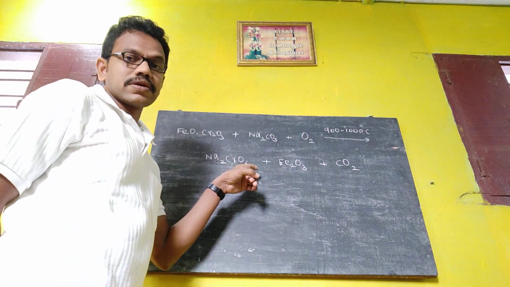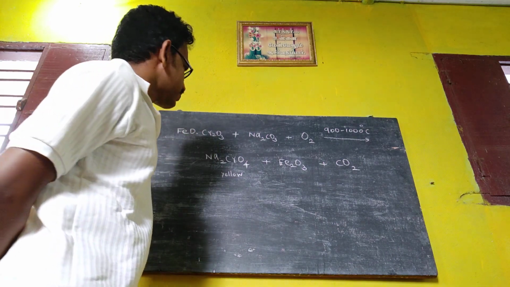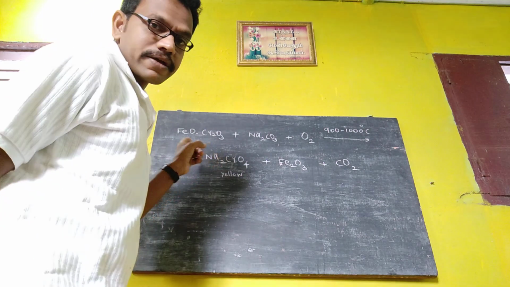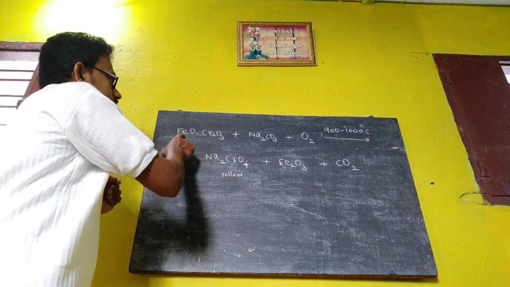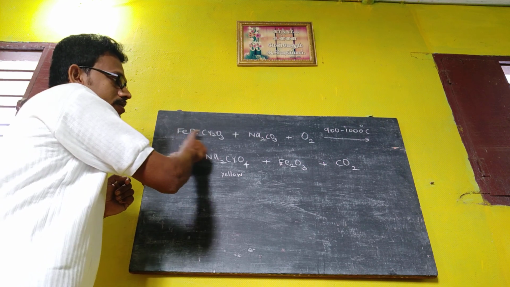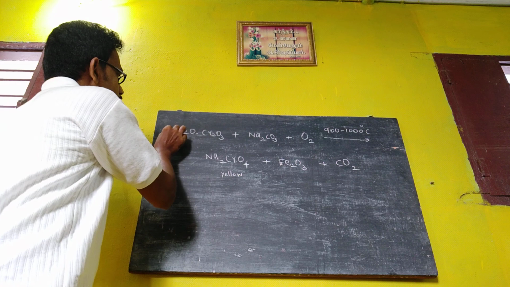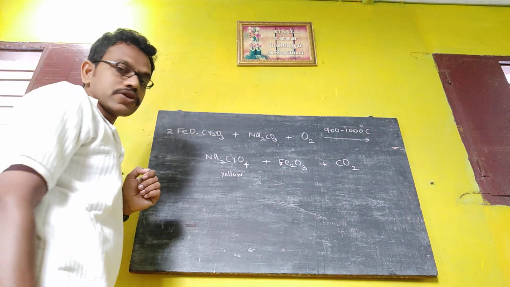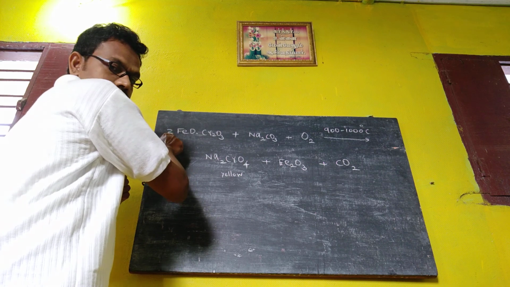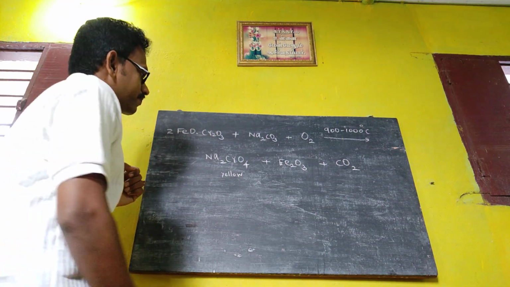Okay, the first equation is unbalanced. So how to balance this equation? Okay, first we see the iron. Iron, left side only 1, right side 2. So you put a 2 here. Then you see the chromium. So coefficient is 2, so 2 into 2, 4 chromium is here.